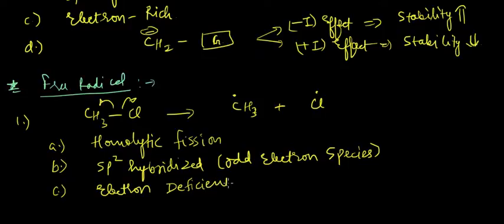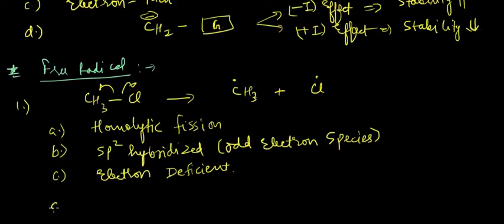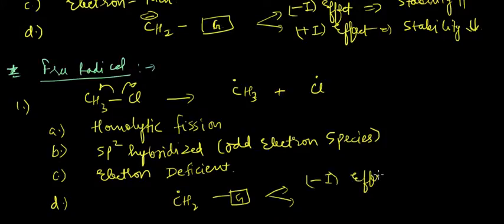Okay, so now if the D point again comes, on top of the CH2 group, if you have a group G and if it is a minus I effect group, then it will result in a decrease of stability of the free radical.